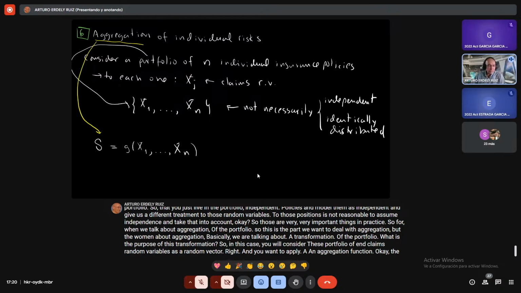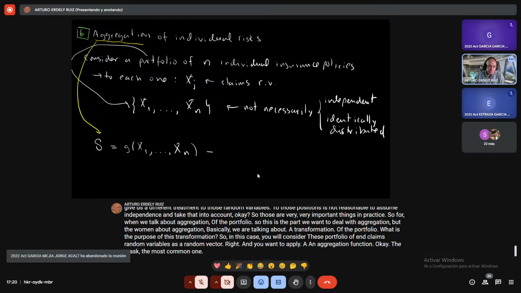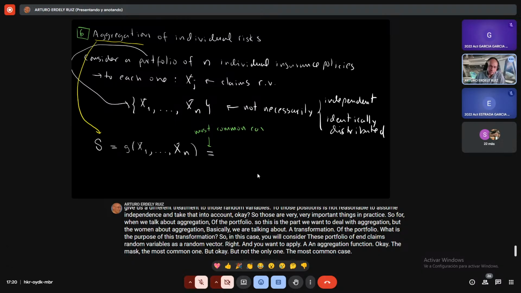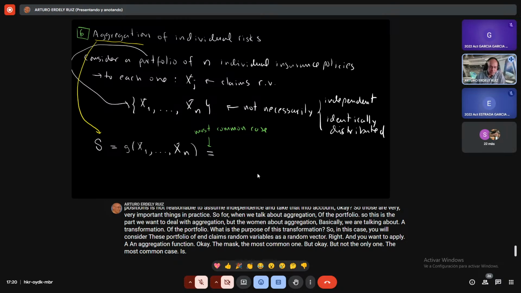The most common one, but not the only one, is the sum, because aggregation sounds like the sum, right?